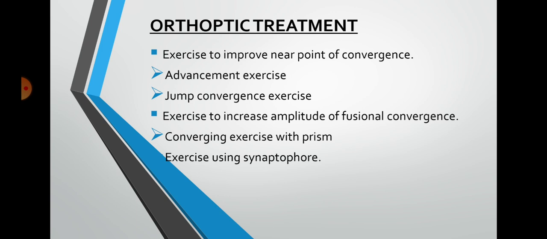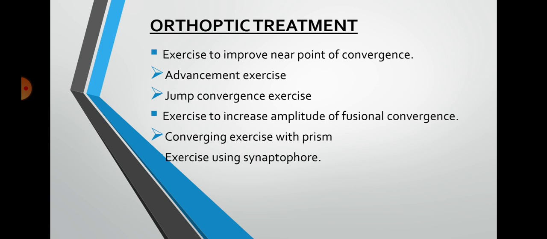Now we move that object a little closer to his eye, and at a point the patient will see this object double, and we tell the patient to put pressure on his convergence to make this double image single. This is the advancement exercise, and we tell the patient to repeat this exercise 8 to 10 times a day until his convergence ability is improved.